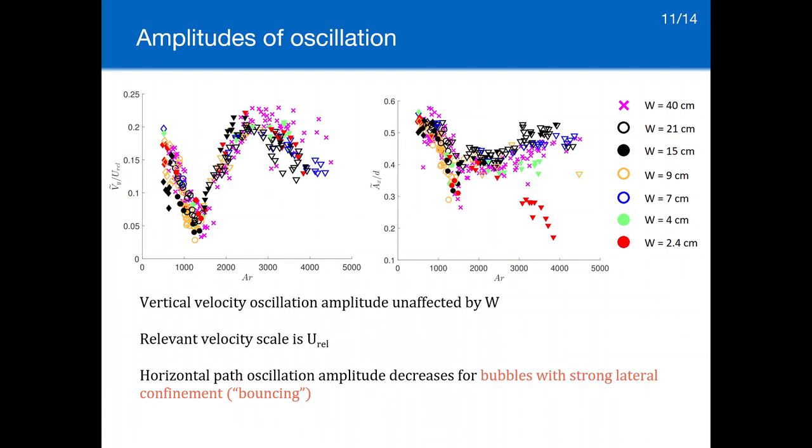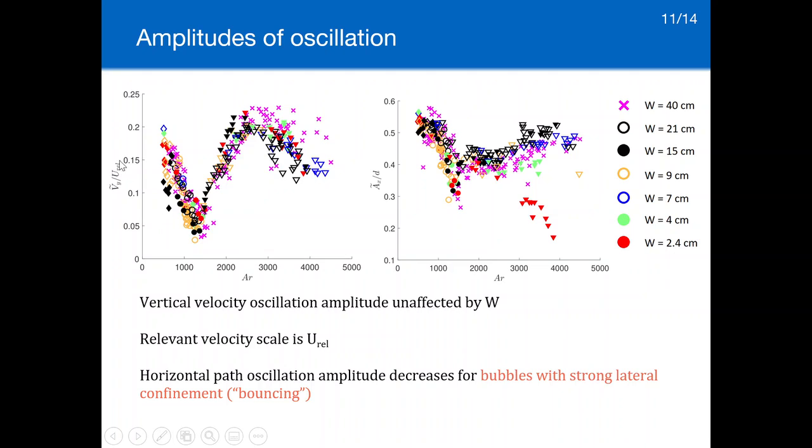the cell. We also studied the amplitudes of oscillation, and here we see the amplitude of oscillation of the vertical component of the velocity normalized by the relative velocity between the bubble and the fluid. We see that it is actually this relative velocity that is the relevant parameter for the normalization.